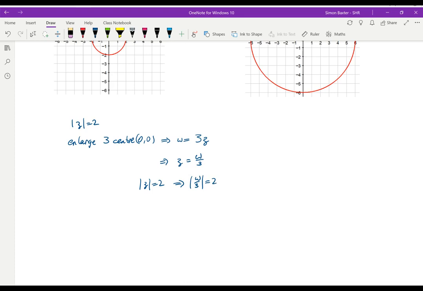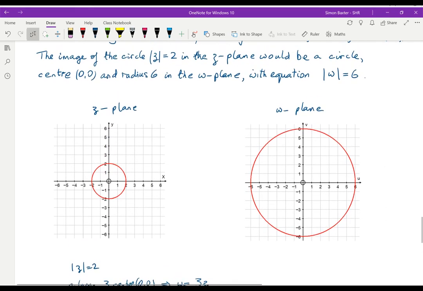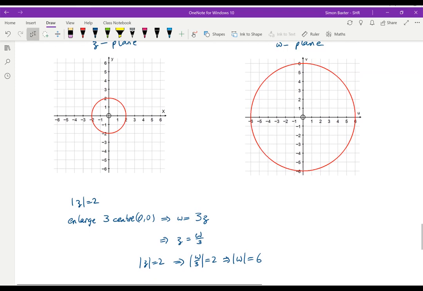Multiply both sides by 3, and we get mod w equals 6, which was the equation that we got from common sense. Mod w is 6. So a couple of easy examples. This algebraic technique is one that we're going to use when we have things which are not so easy to see.